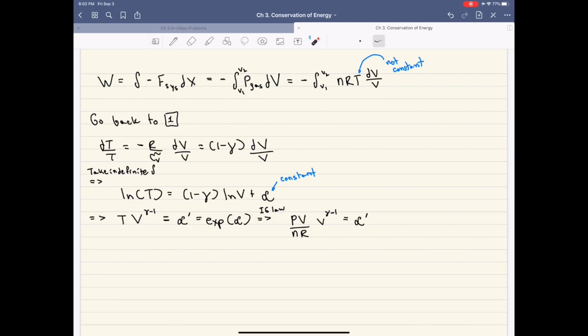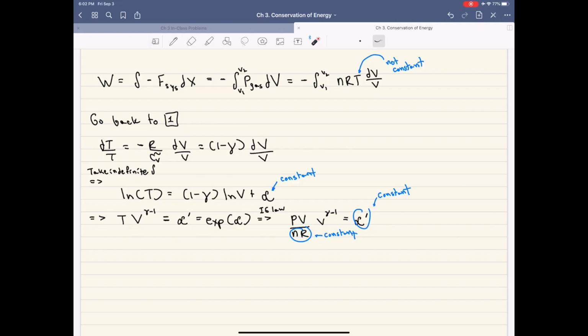The one thing I want to point out now is that alpha prime is a constant. For our system, the moles are constant, and the gas constant is a constant as well. This is also a constant.